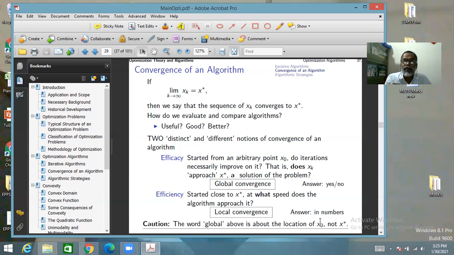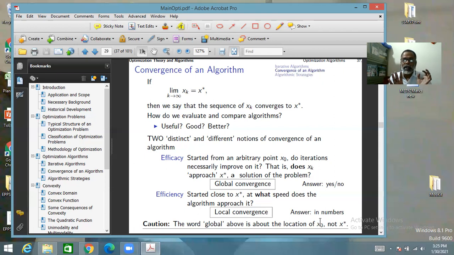For example, we are talking about approaching a solution of the problem, not the best solution. There may be several solutions of the problem, several optima for that matter, several minima, and one may be better than the other, but that is not being talked about here. We are not talking about global minimum. We are talking about a minimum.